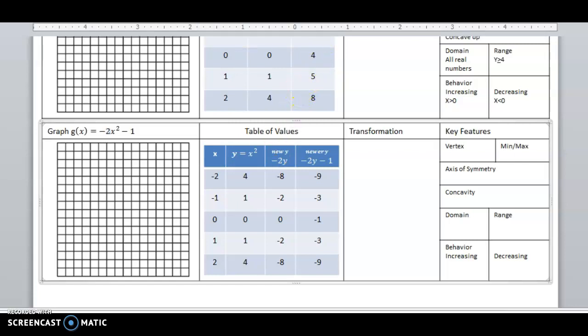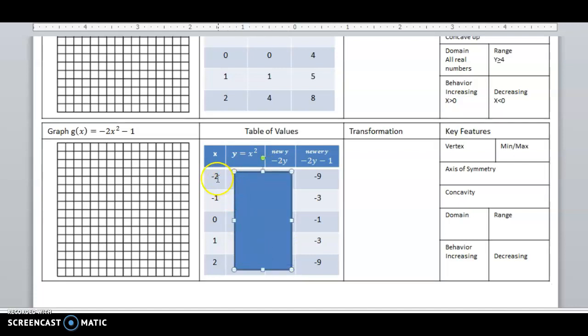When you're graphing, you're not going to use the x squared and the negative 2x squared columns anymore, because these are your x values, and since we have a newer column for y, we can ignore these portions and just graph negative 2, negative 9, negative 1, negative 3, and so on.